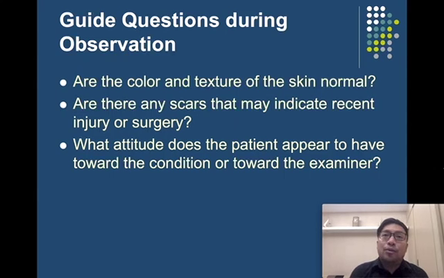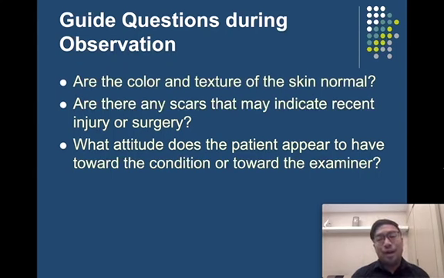We will help you do an interview and history taking, for example, if the patient is a bit depressed because of the condition, or irritable, because most patients come to the clinic because of pain, and because of the pain, they are highly irritable and might not want to be disturbed.